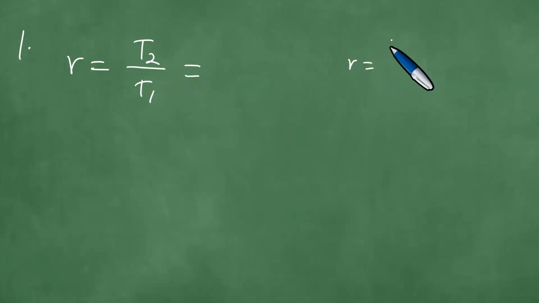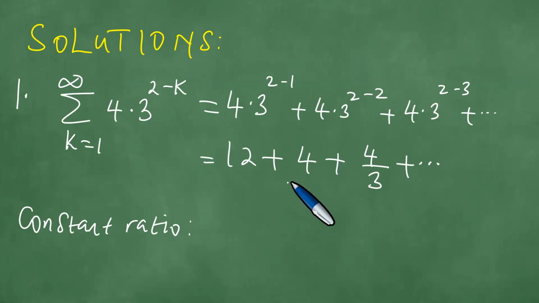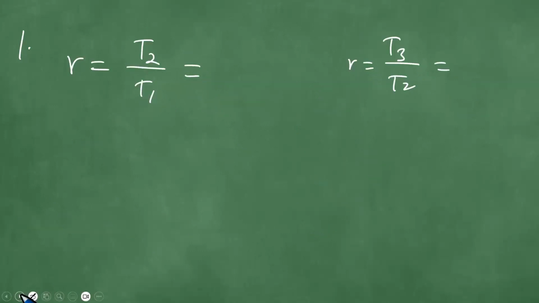But also the constant ratio is the third term over the second term. Okay, so what is the second term? The second term is 4, the first term is 12, and the result is 1 over 3, because 4 goes 3 times into 12. Now let's check the other one.